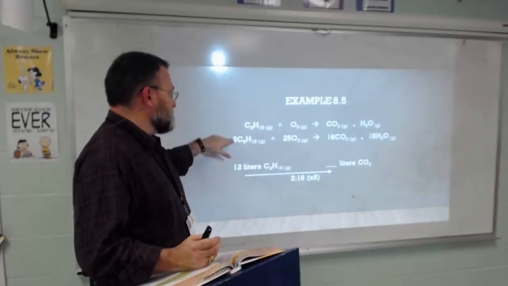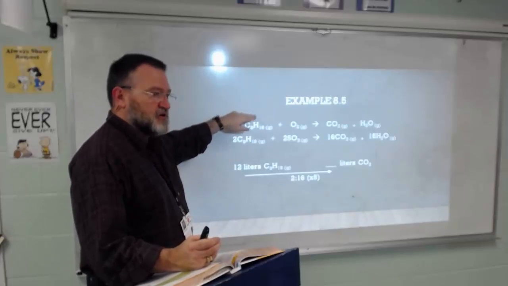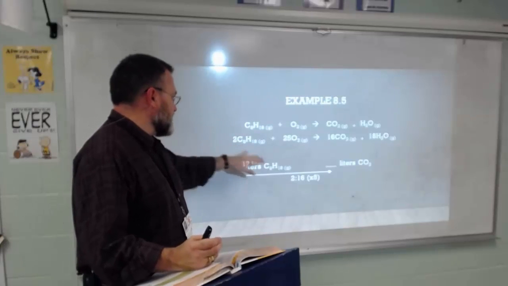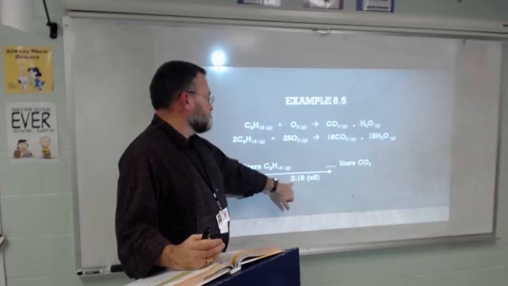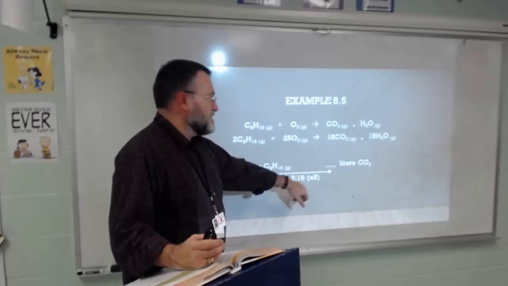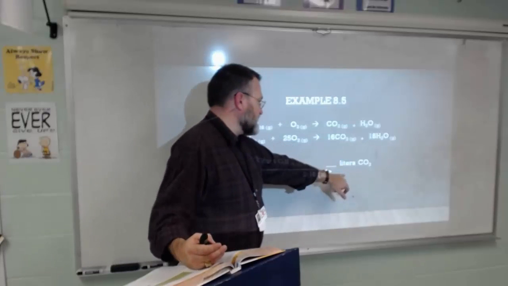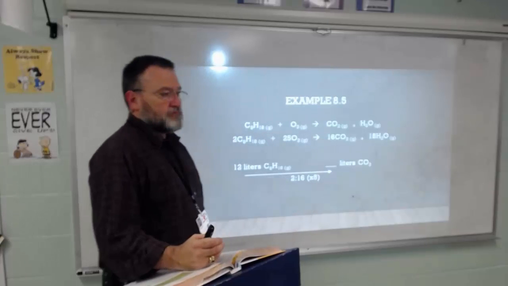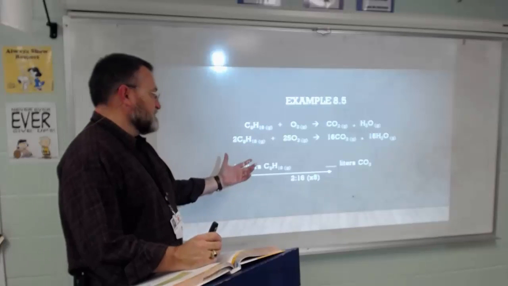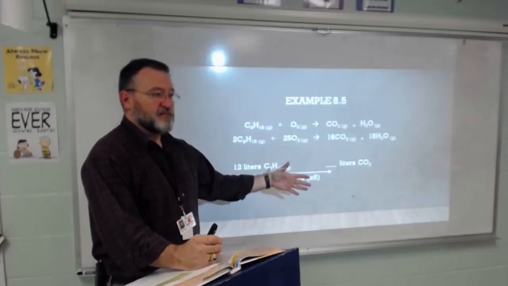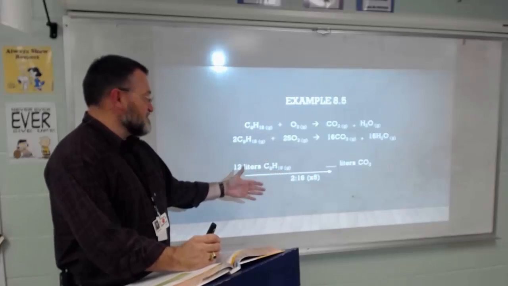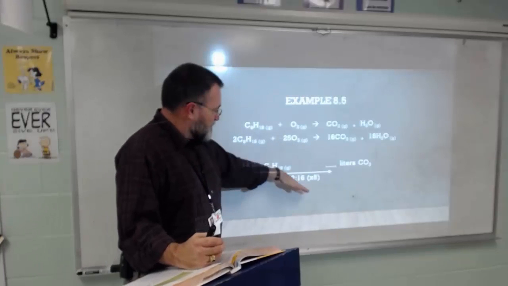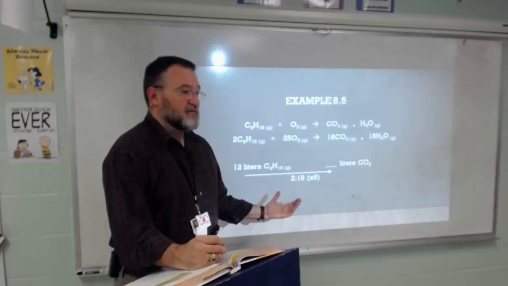As we look at our balanced reaction equation, not our initial, the stoichiometric coefficient for the octane is a 2, and for the carbon dioxide it is a 16. So they relate 2 to 16 for their mole ratio. As we're moving from left to right, the 2 gets bumped below the 16, so we have a multiple of 8.